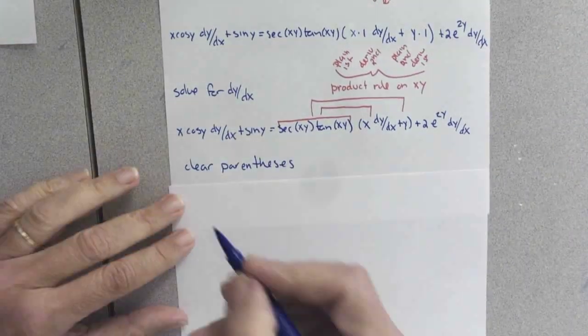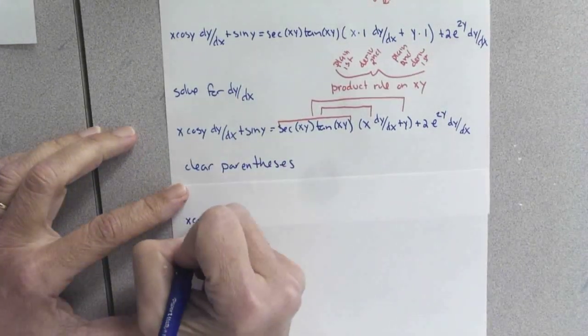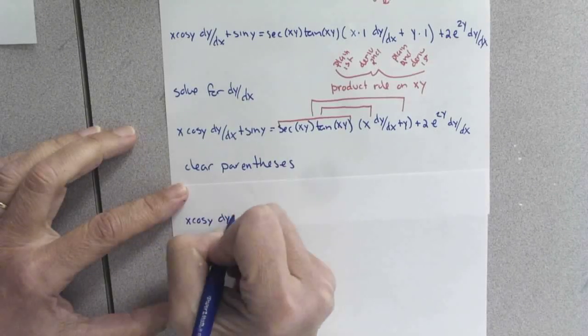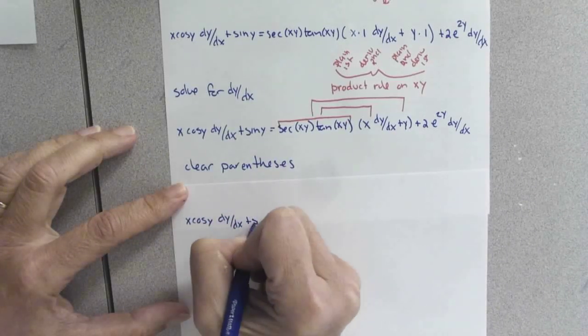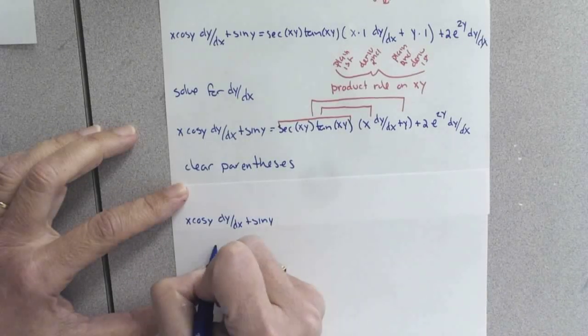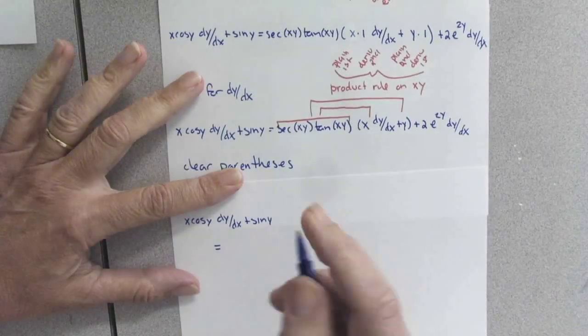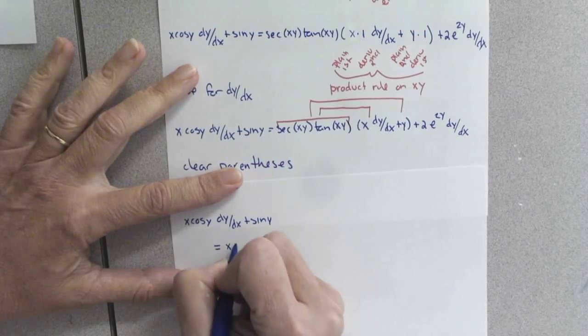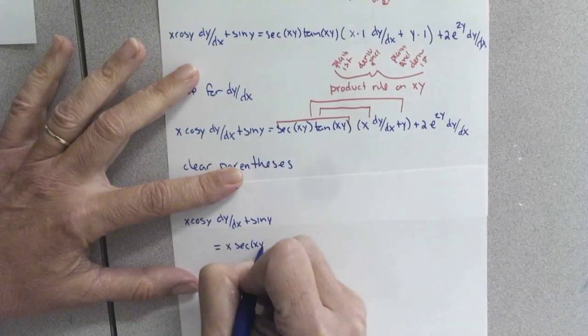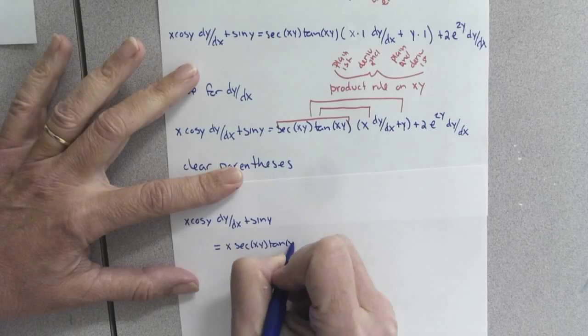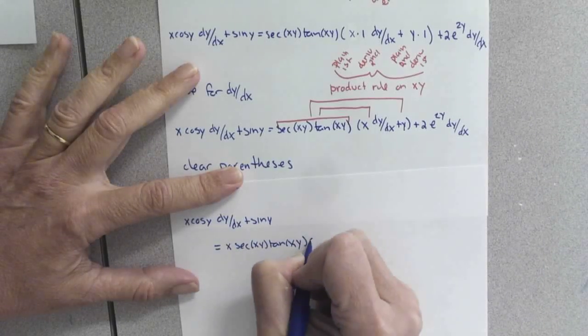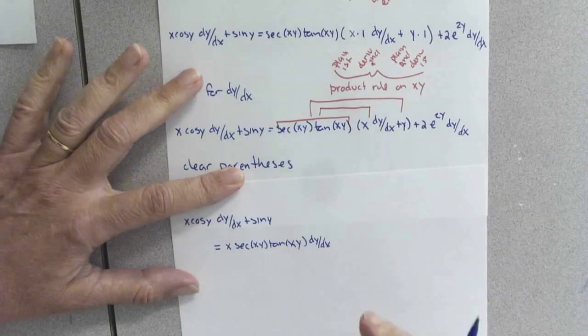So I'm going to have x cosine y dy/dx plus sine y equals, and I'm going to drop down because I know I'm going to run out of room here. So I'm going to say that this is x secant xy tangent xy dy/dx.